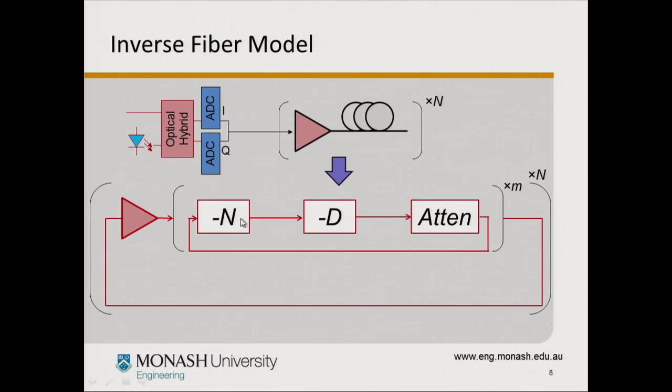So n would be the negative n of your real fiber, D would be the negative value of D of your real fiber, and attenuation would actually be the negative attenuation. So in this case, the power as you propagate will go back up. This is, of course, a digital link, so you can do anything you want. Such fiber parameters are clearly not possible in reality.